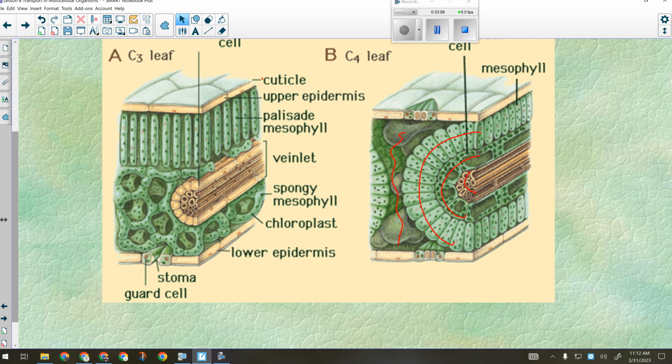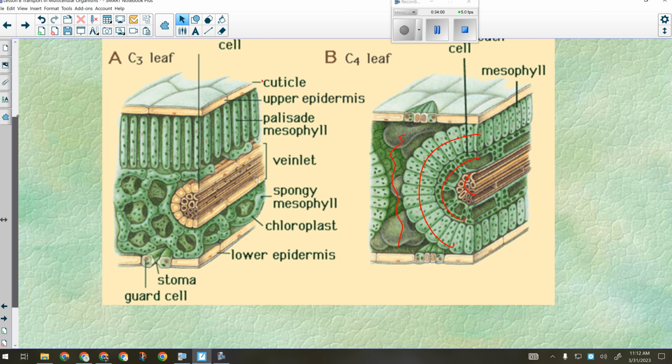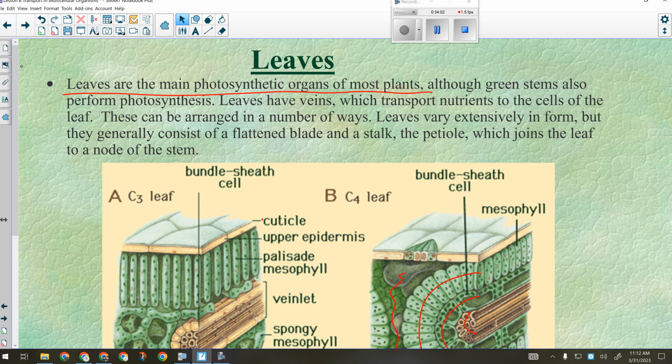So definitely know the leaves, know the layers of them, and then for a normal leaf, this is going to challenge my artistic ability. That's a leaf. The flat part here is called the blade. This is the stalk.